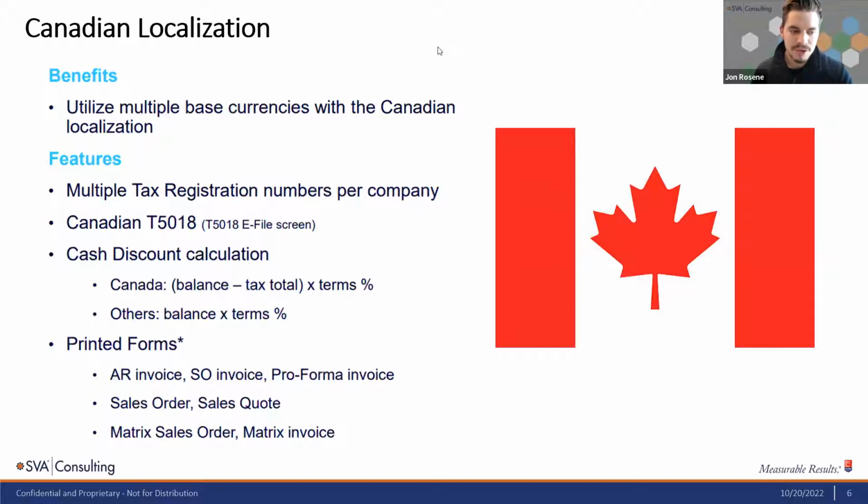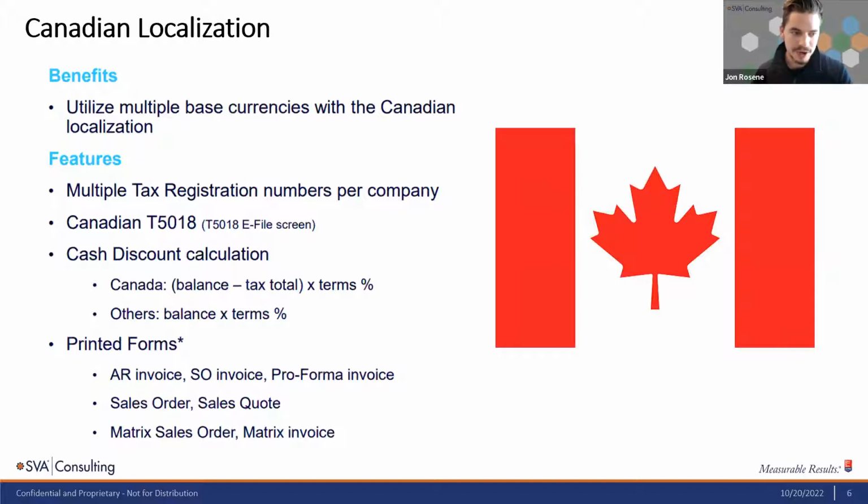That allows you to balance between the Canadian entity structure and the US structure that you would have in the system. And so what we see here with that enhancement is the support across a wide variety of printed reports, printed forms, and calculations that occur.